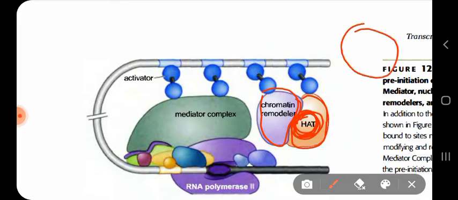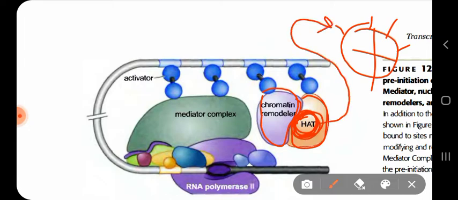So if this is the histone protein, and if there is lysine on this side, histone acetyltransferase will acetylate this region where lysine is present on the histone proteins, and by transferring this acetyl group to these histone proteins, the genes can be turned on and off.